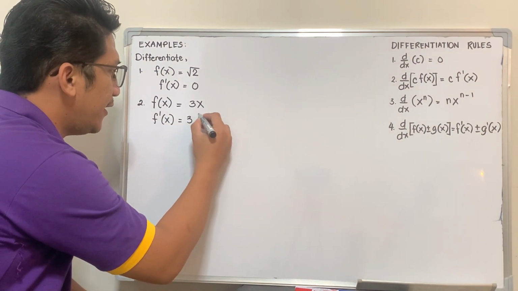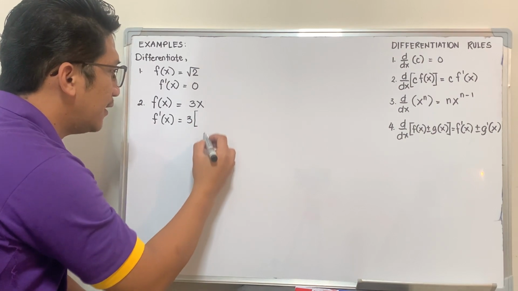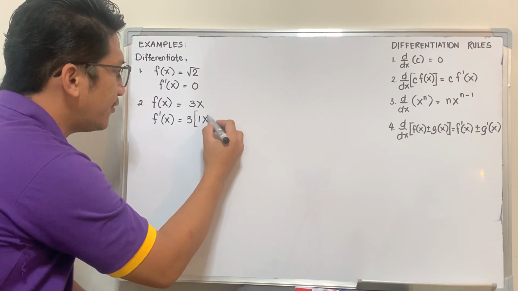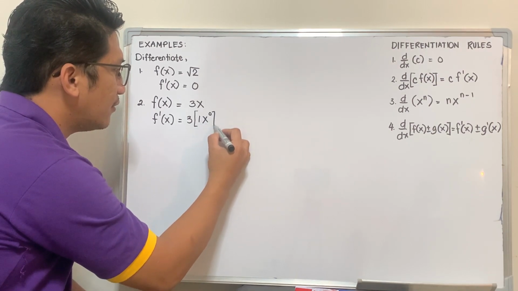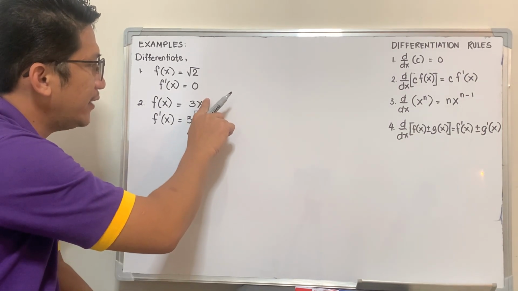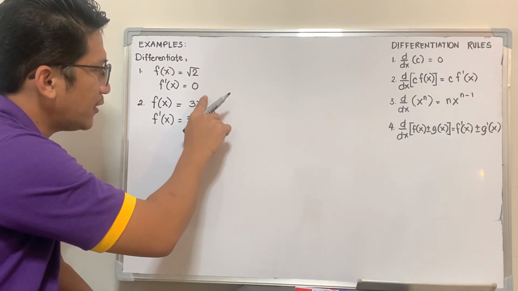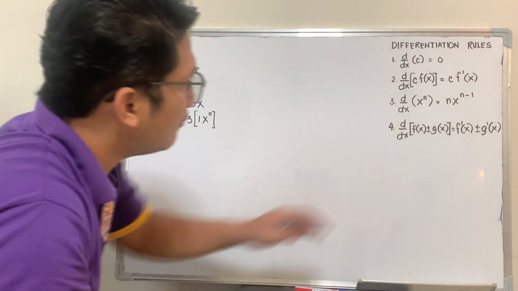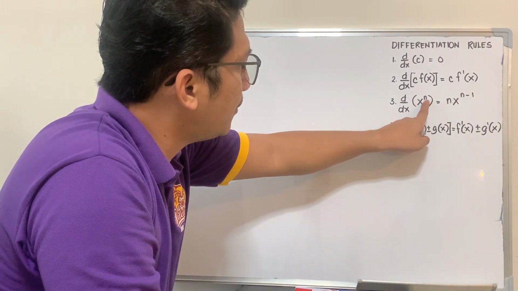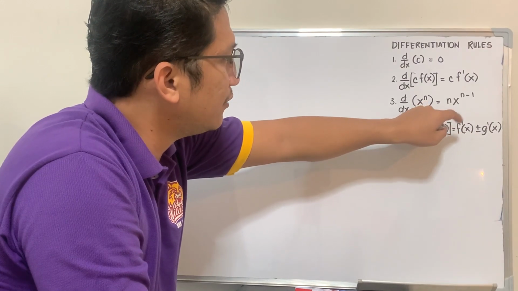Here the exponent is 1, which means you have 1x raised to 0. Okay? So how did I do that? The exponent, I made it the numerical coefficient, 1. And then the exponent 1, I subtract 1. Again, the exponent, you make it the numerical coefficient, and then you subtract 1 from the exponent.